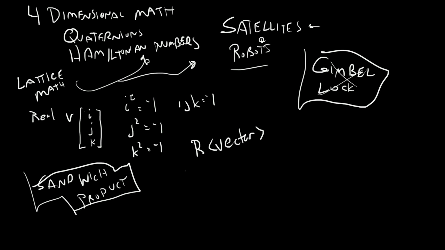And the conjugate, you'll find out when it's a complex number, the conjugate of 1 plus i is 1 minus i. But the conjugate of 1 plus a vector is 1 minus a vector in this case. So in other words, if this is a vector 3i plus 4j plus 5k, the conjugate is minus 3i minus 4j minus 5k. All right, so we're going to be looking at the sandwich product.